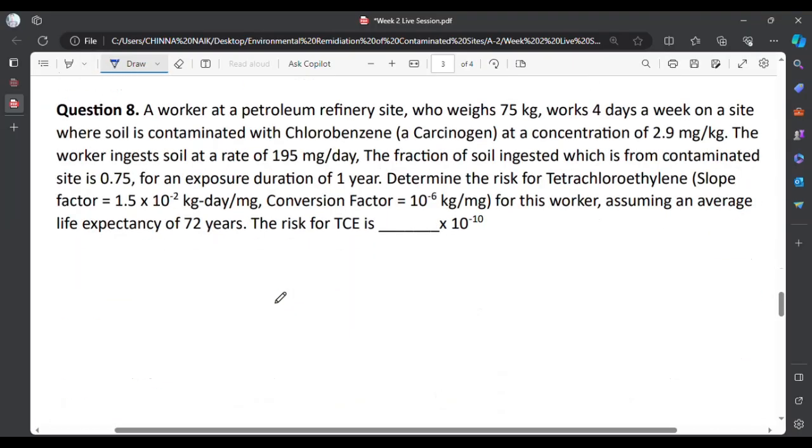Question number 8. It seems like a bigger, complex question, but it is not. It is a simple question only. All the data is given, we just have to substitute the data into the formula.